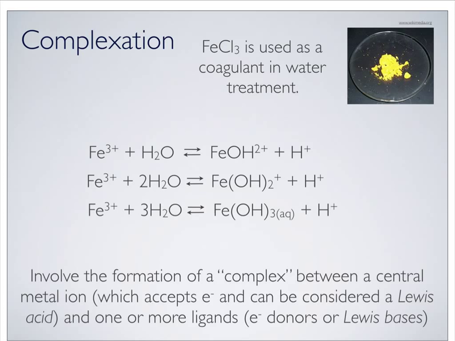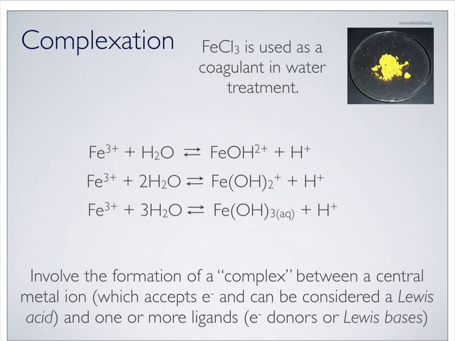So to illustrate this concept, we can think about what happens when we add ferric chloride to water. So we use ferric chloride in water treatment as a coagulant to help flocculate and remove suspended materials. And essentially, when we do this, we have ferric ions that are Fe3+, that react with water, and we end up producing 3 different complexes, as what we've shown here.